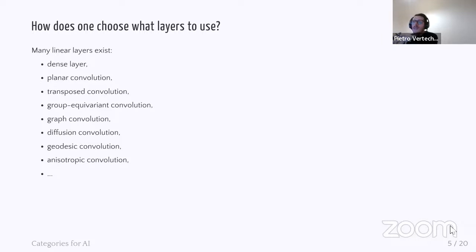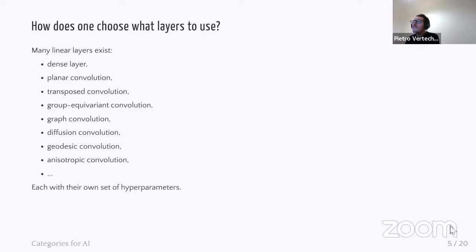Then for images, we have planar convolution and transpose convolution. For more general group structures, there's group equivariant convolution, not to mention all the options that become available if you're working with more complex geometries, such as graphs and Riemannian structures in geometric deep learning.